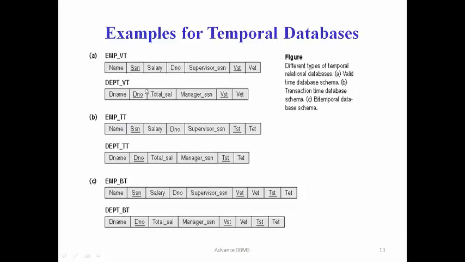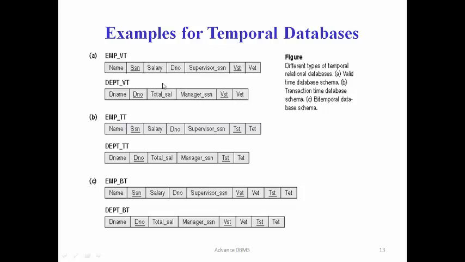See, EMP valid time. In this table, we are storing name, SSN, salary, department number, supervisor SSN, and valid start time and valid end time. Similarly, the department table consists of all the attributes of a department and at the end valid start time and valid end time.